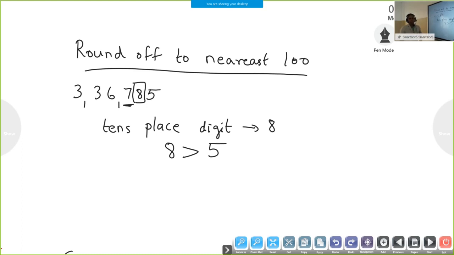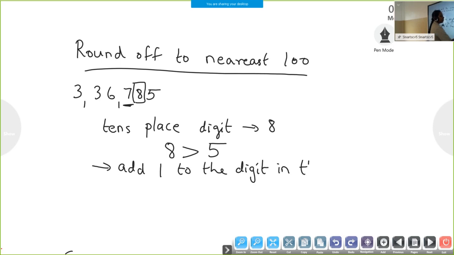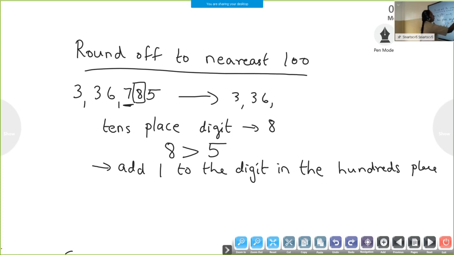Here it is greater than 5, so we add 1 to the digit in the hundreds place. We already underlined it, so there is no confusion. So it becomes 8.